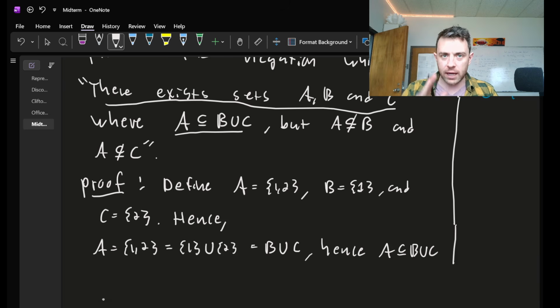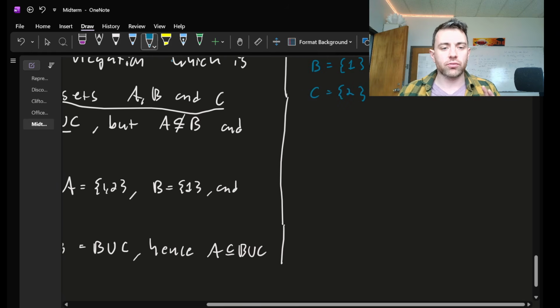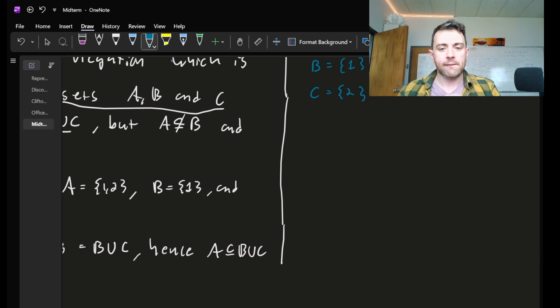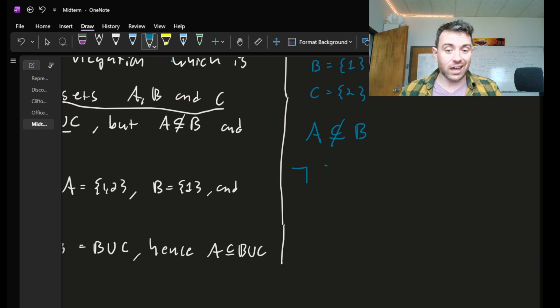But now we need to show that A is not a subset of B and A is not a subset of C. Now again, you don't need to repeat the full definition of not a subset, but in order for us to deliver a correct proof, we should remind ourselves on a scrap paper, what does it mean to say that A is not a subset of B? Well, it's the negation of the statement that A is a subset of B. And what is the statement that A is a subset of B?